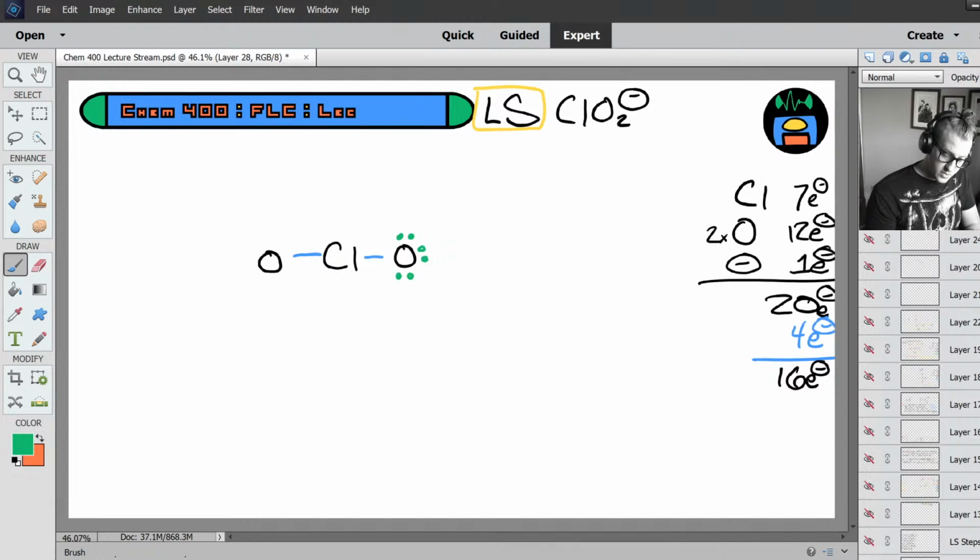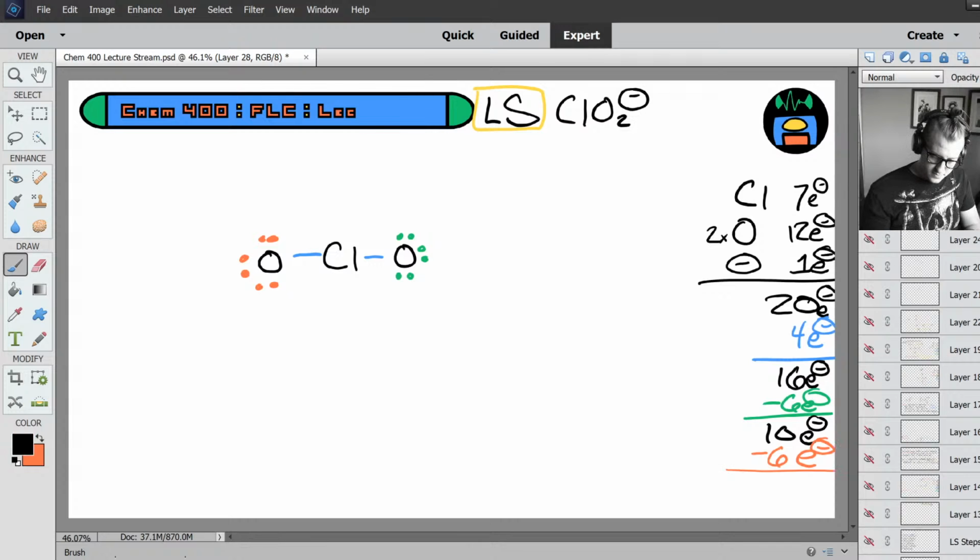So let's spend 6 electrons on the rightmost oxygen to fill out its octet. Let's spend another 6 on the leftmost oxygen to fill out its octet. Leaving us with 4.